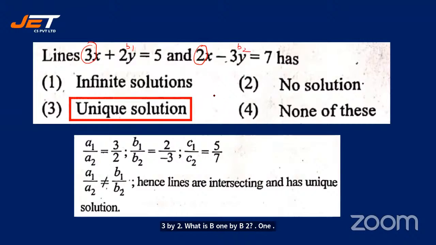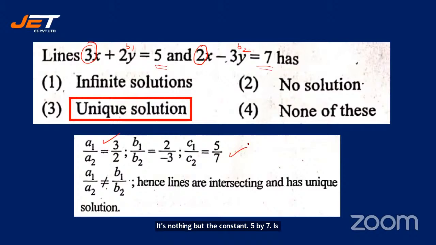All right, students. So you are taking the coefficient of x to be A. If it is the first equation, A1, second equation, A2. Similarly, the coefficient of y, you are considering it as B. So if it is first equation, you are writing it as B1. If it's second equation, you are writing it as B2. That is how you have arrived at this. So A1 by A2 is 3 by 2. B1 by B2 is 2 by minus 3. And what is C1 by C2? It's nothing but the constant, 5 by 7.